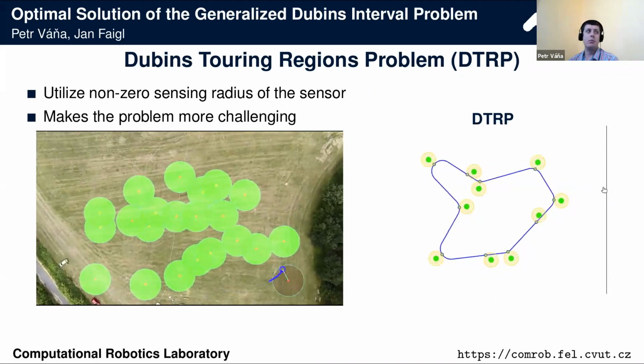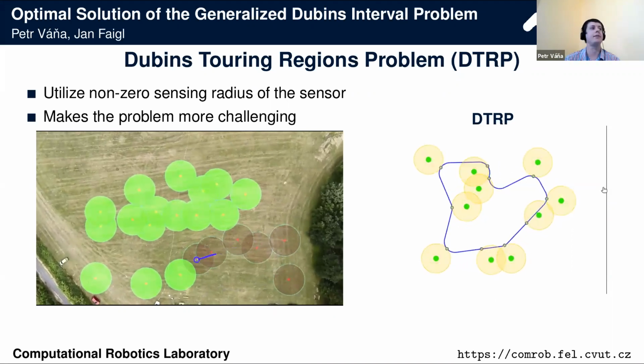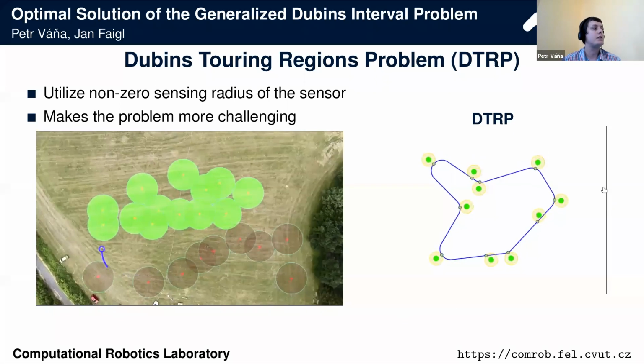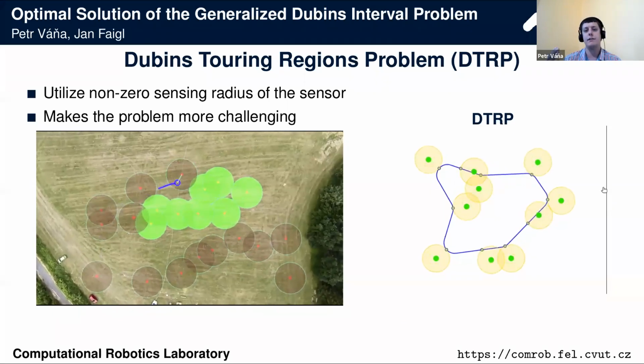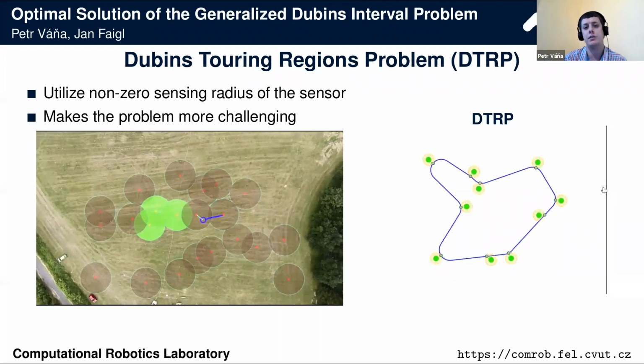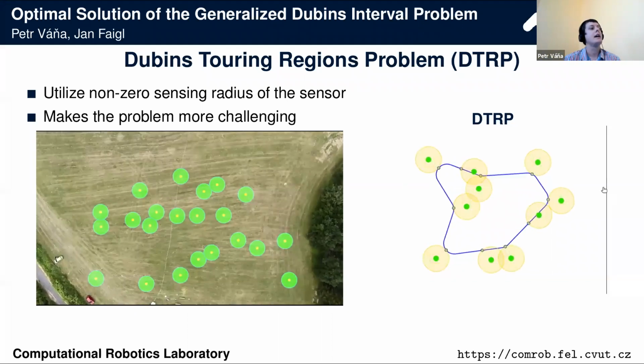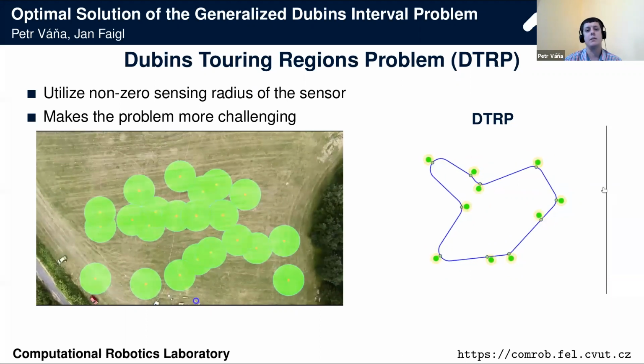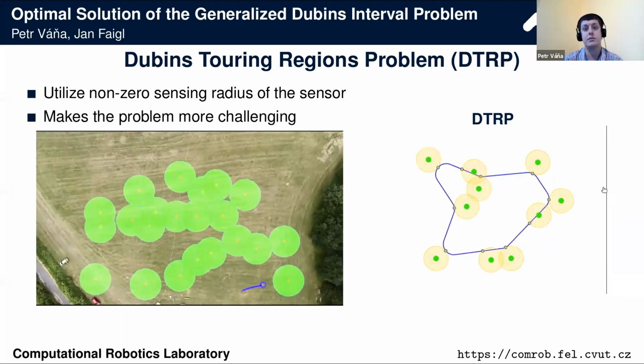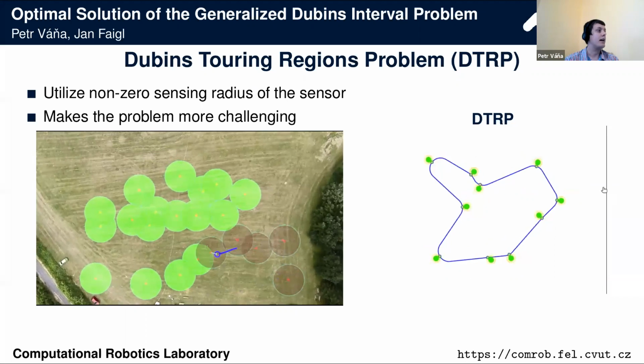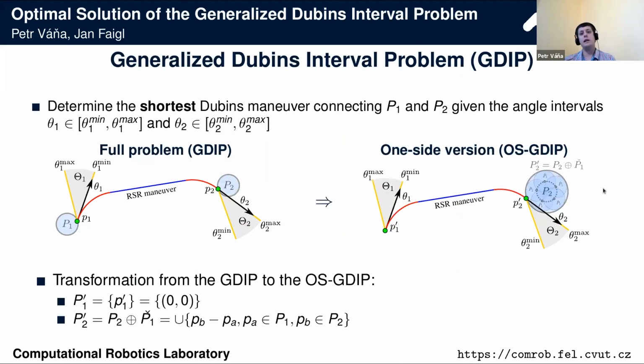And this kind of problem we call the Dubins Touring Region Problem, which just means we want to have a trajectory that intersects all the circular disks and also meets the minimum turning radius constraint. So what we wanted to do is to provide similar lower bounds for this touring problem through the regions.